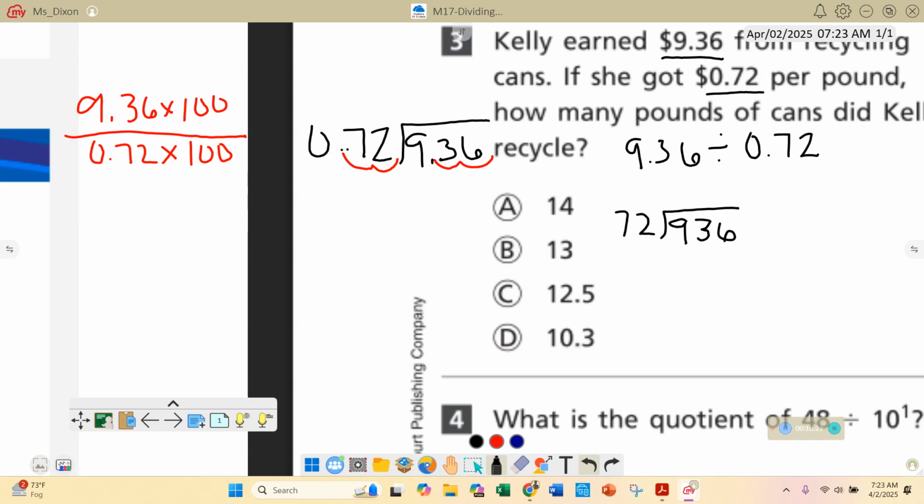All right, go ahead and make your list to help you figure out what you want to divide by. For this one, I'm going to start with 10. That's going to give me 720. And if I look, 720 is actually not that far away from 936. So I think I'm going to start with 10.